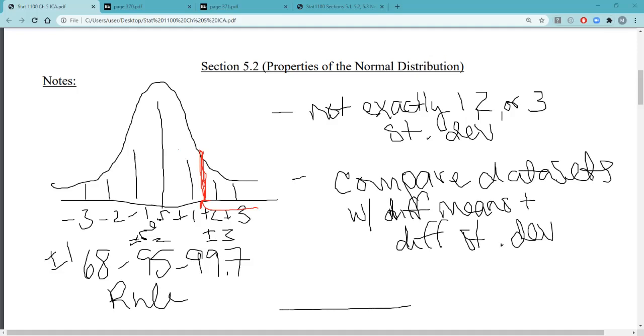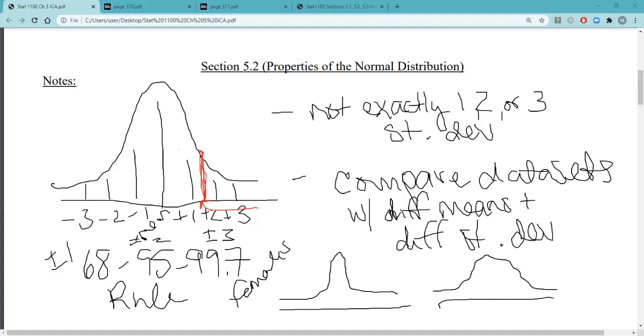So again, remember that the shape is determined by the mean and the standard deviation. Let's say, for example, we were talking about heights of females and heights of males. And again, this is just an example, so don't think that this is the actual representation of these data sets.